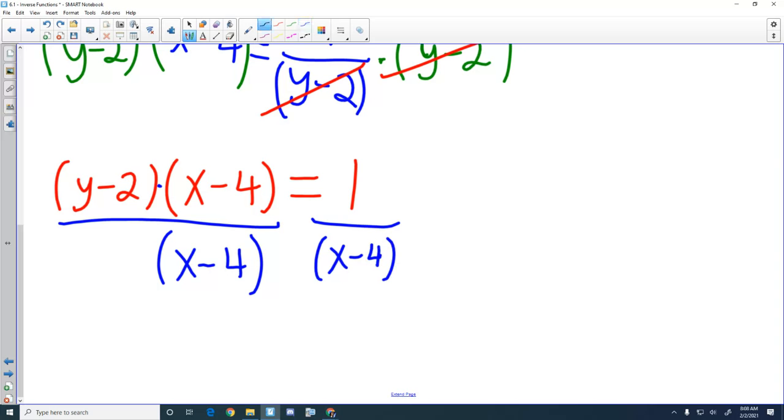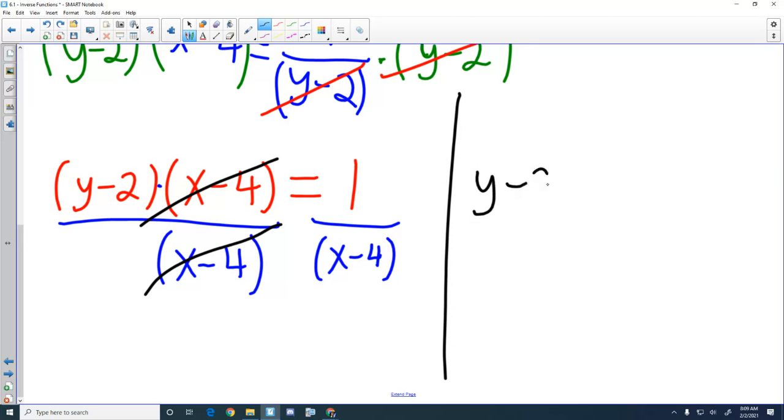And on the left side, those two binomials cancel out. And now it's pretty simple because I have just a y minus 2. Right, this is now y minus 2 equals 1 over x minus 4.